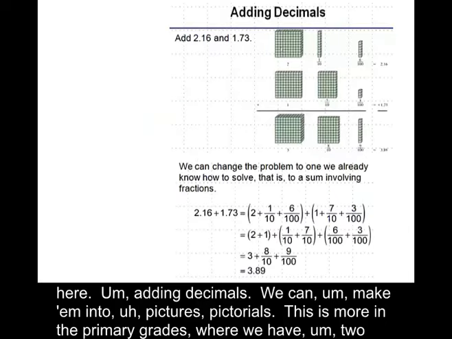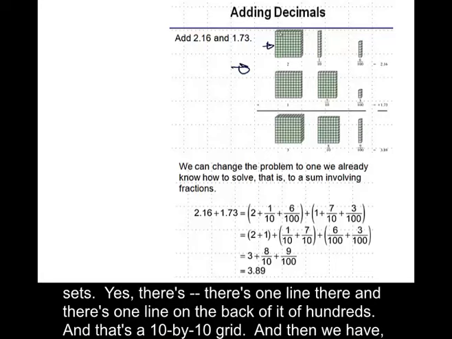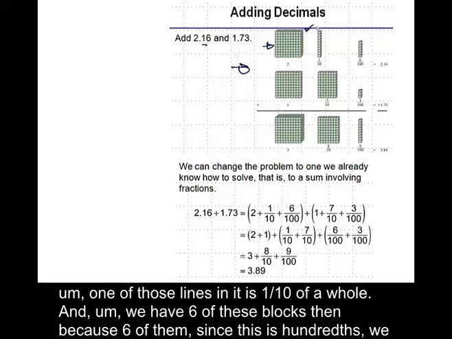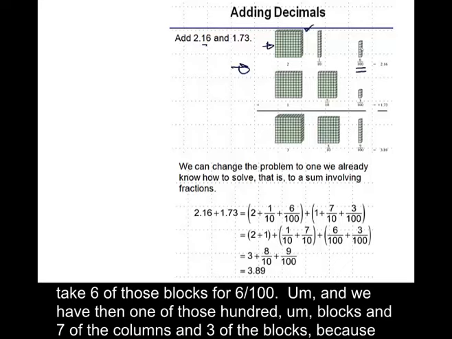Adding decimals, we can make them into pictures, pictorials. This is more in the primary grades where we have two sets. Yes, there's one line there and there's one line on the back of it of hundreds, and that's a 10 by 10 grid. And then we have one of those lines that is 1/10 of a whole, and we have 6 of these blocks then, because since this is hundredths, we take 6 of those blocks for 6/100.